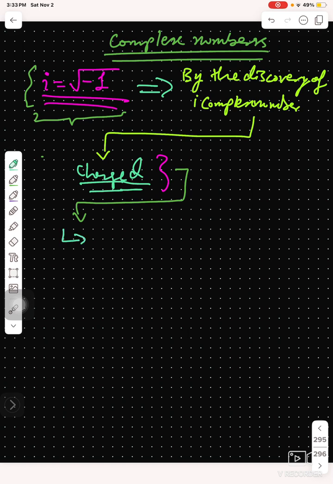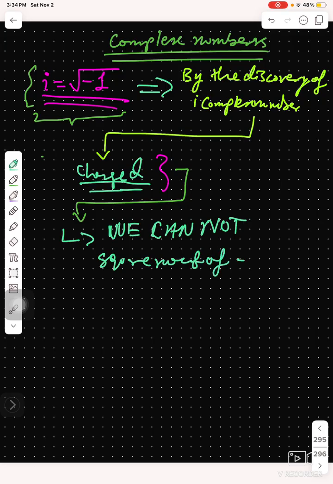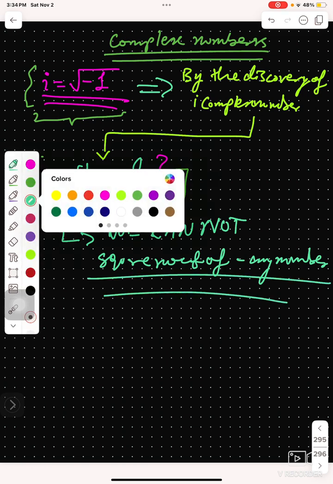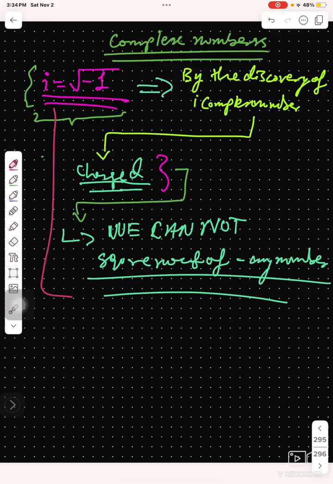For example, we know that we cannot take the square root of -1, or of minus any number. So what we did is that we assigned the square root of -1 a symbol, we made it a constant.